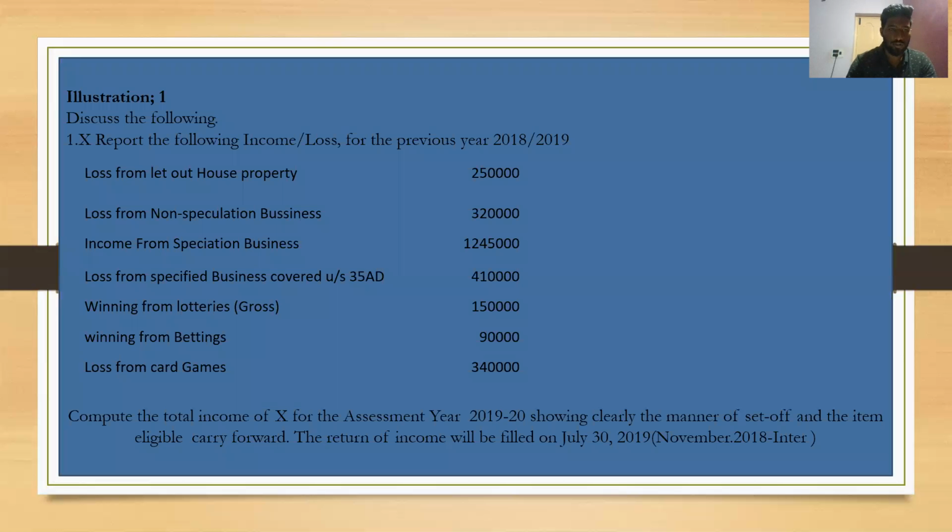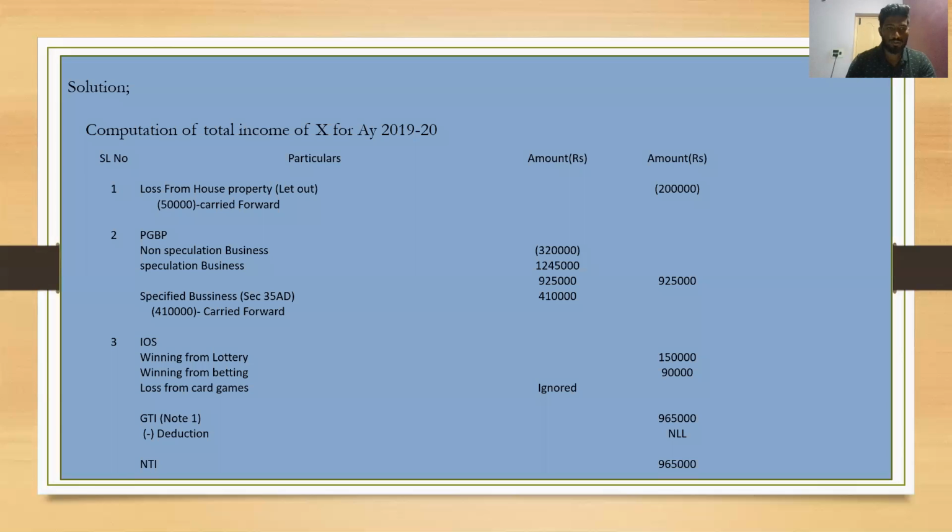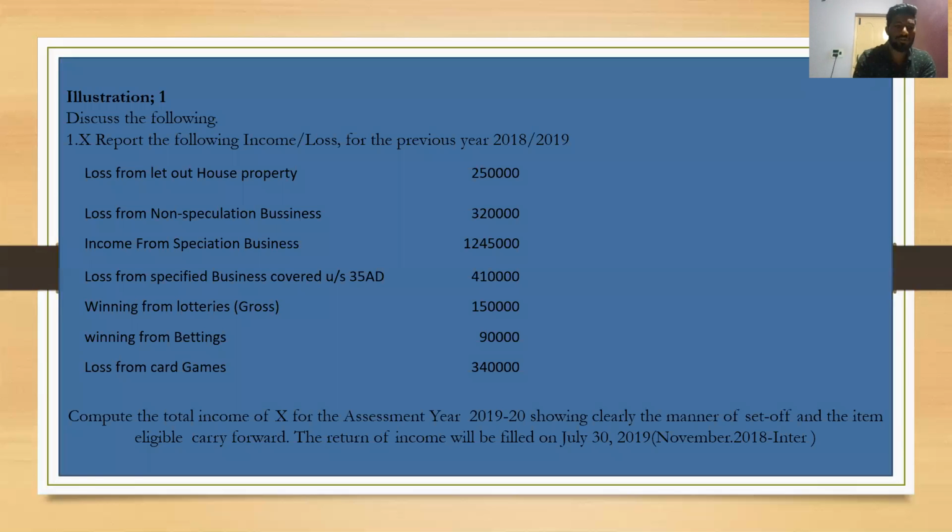Moving on, next is loss from non-speculation business. Business comes under PGBP. The next head of income is PGBP. So we are getting a loss of non-speculation business of rupees 3,20,000. We should see whether we are getting any profit from the speculation business.